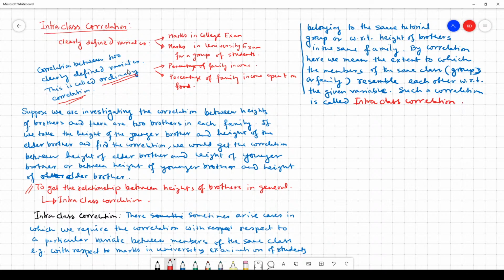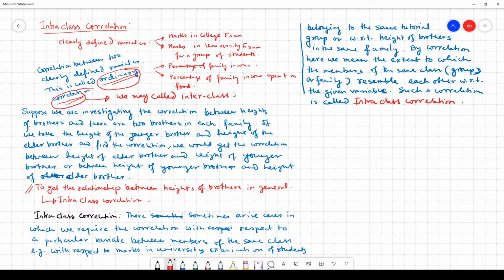And intra means within the class. So the ordinary correlation which we already learned in our previous class, we may call interclass.